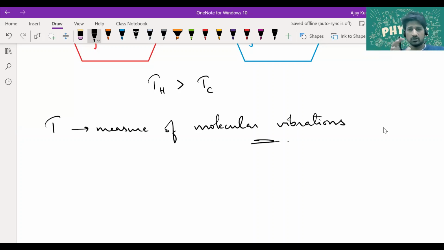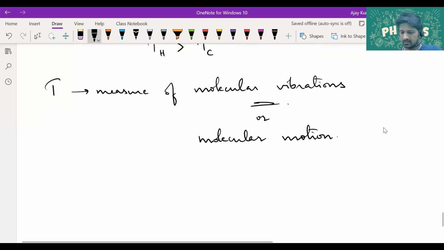At any non-zero temperature on the Kelvin scale, in solids and liquids also, molecules will be vibrating. In a liquid, it is possible for a molecule to move around a little bit. In gases, they are completely free to move around. So temperature is a measure of molecular vibrations or molecular motion. Higher temperature means more molecular motion.